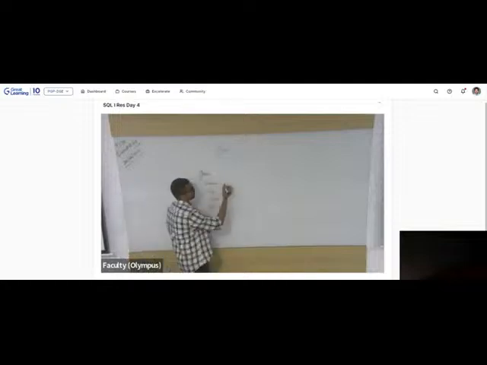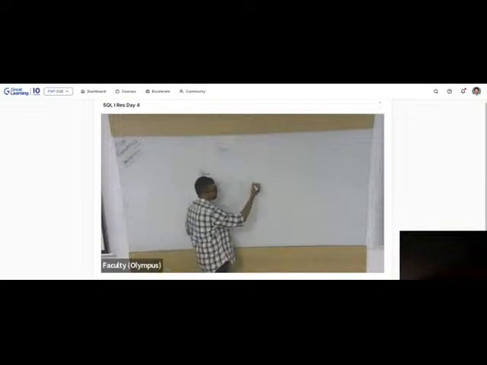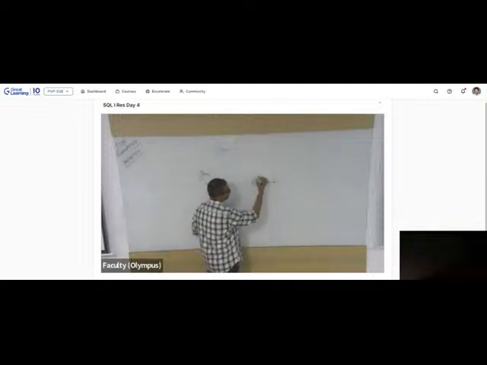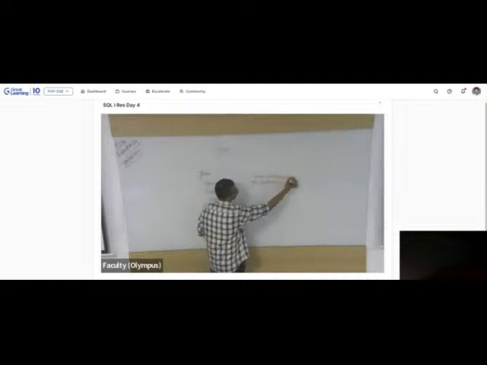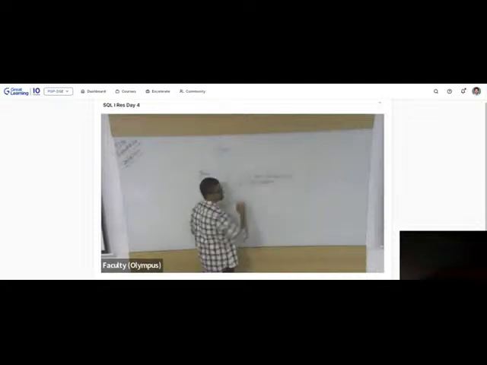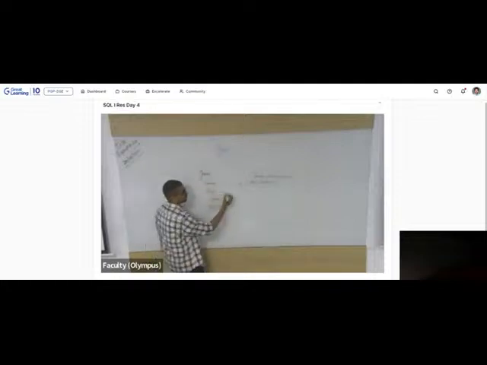Okay. So what is the definition of inner join? Whatever rows match that on condition from both the tables. So only matching rows. Only the matching rows. So that is inner join. What is left join?